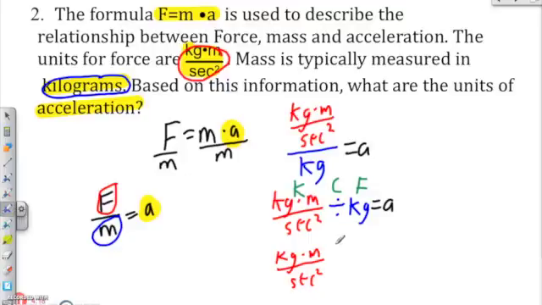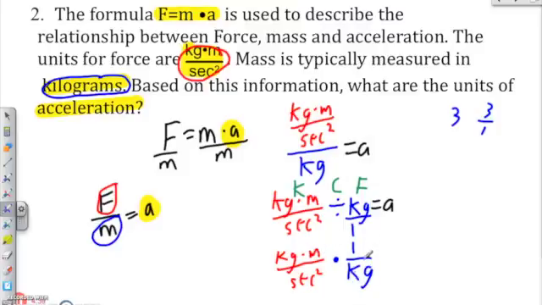You change the sign to multiplication and you flip the fraction. Now kilograms, if we wrote it as a fraction, just like if we wrote 3 as a fraction, it would be 3 over 1. We're going to write kilograms over 1. And when we flip that, that becomes 1 over a kilogram.